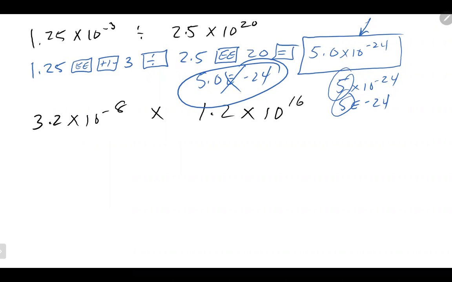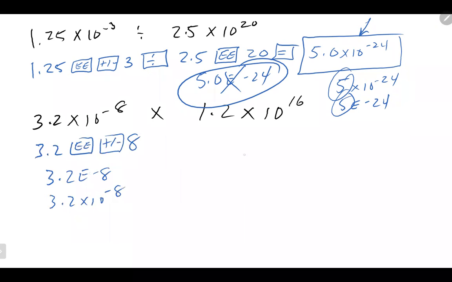All right, looking at the bottom one here. 3.2, once again, going to hit my exponent button, going to hit my negative button, and 8. And again, that would give you something that looks probably like this on your calculator, or this. Going to hit the multiplication button because I'm multiplying, and then enter this number in scientific notation, 1.2 with the exponent button.